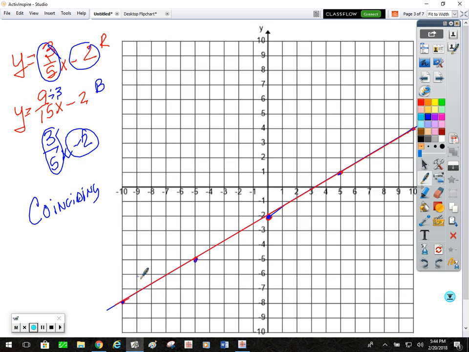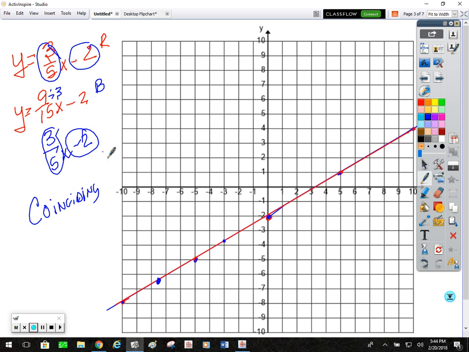It doesn't matter which one of these points I pick, it would be true for both. But the same goes to say for even this point here. Even though I don't know exactly what that point is, I can say that's 7.5, -6.5. That would be true for both because they're on the same line. Same thing here. I don't know exactly what that number is, but I know it's -3, -3 point something.